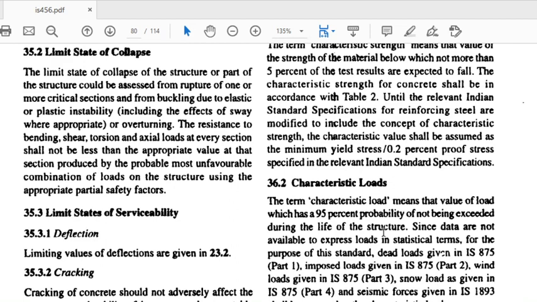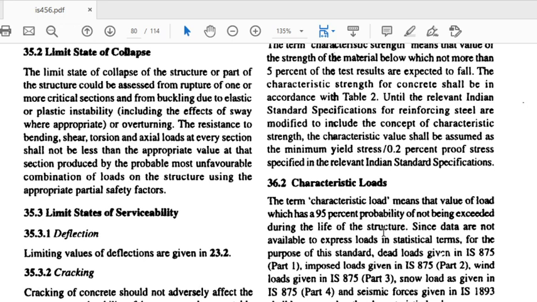Last time, I gave the example of 100 Newton, and I increased it by multiplying by some factor. That load means that during the lifetime of the structure, there is a 95% probability that the load will not be exceeded. Again, 5% is left because a lot of unpredicted things can happen. For example, the flood that happened here. So many localized floods happened, and some structures failed, some smaller.